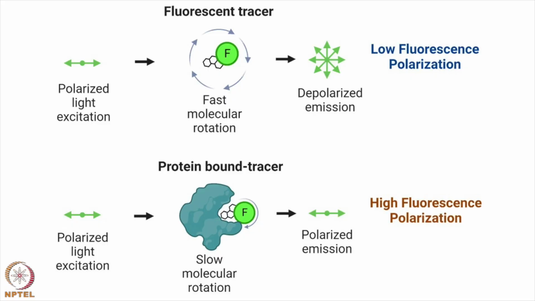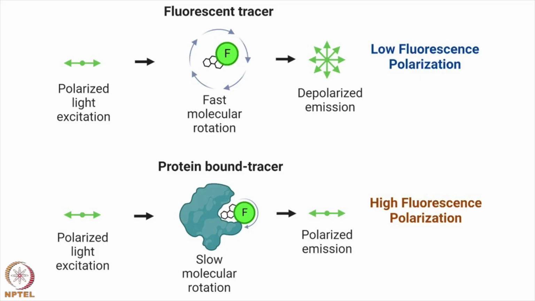Similarly, you can have a fluorescent tracer. This fluorescent organic molecule is freely tumbling in the solution. You measure parallel versus perpendicular, and the intensities cancel because of the isotropic environment. When it is bound to a protein, its motion is restricted. So parallel versus perpendicular will have a difference, and r = (I parallel − I perpendicular) / (I parallel + 2 I perpendicular).